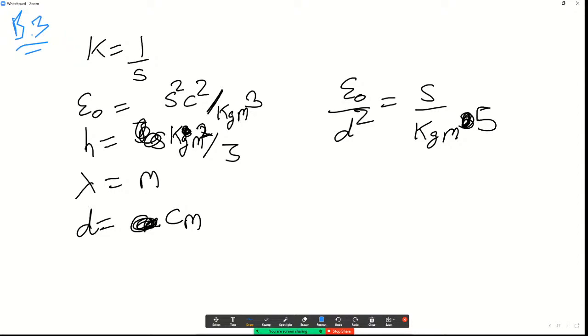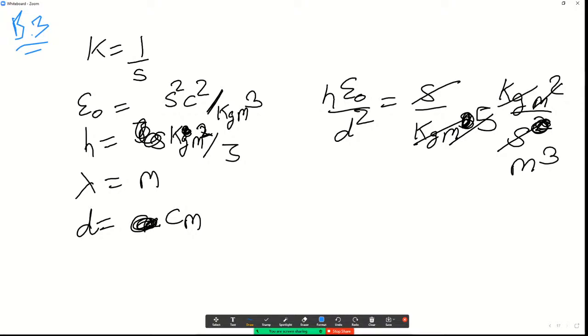And we have only one kg term, so we have to multiply it by h. We get kg meter square by second square by second. So second gets cancelled out, and that becomes meter cube. Oops, I did some mistake.